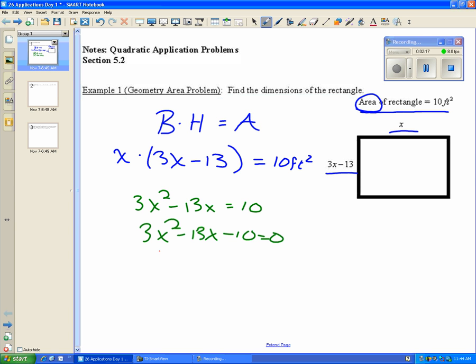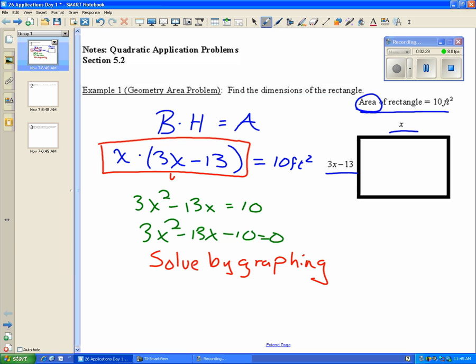And when we solve by graphing, I want to come back and I want to look at my original problem. The left part I'm going to call y1. The right part, I'm going to go ahead and call this y2.